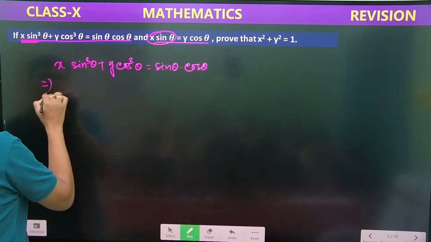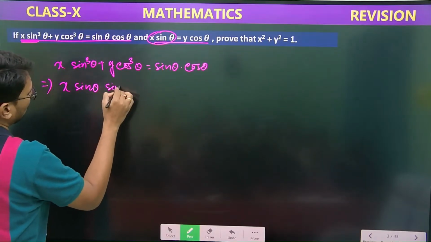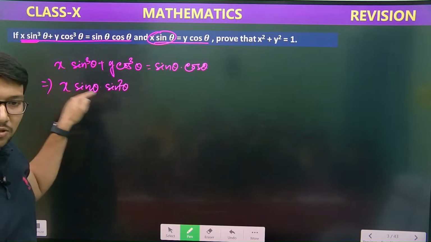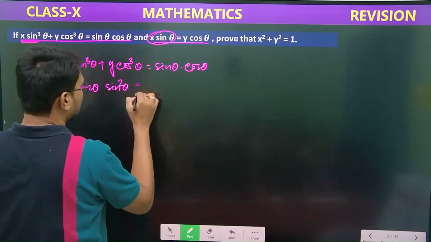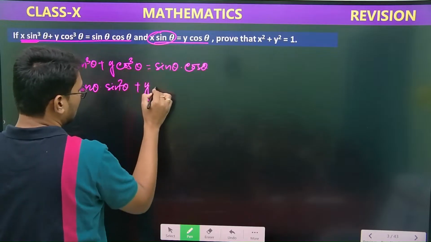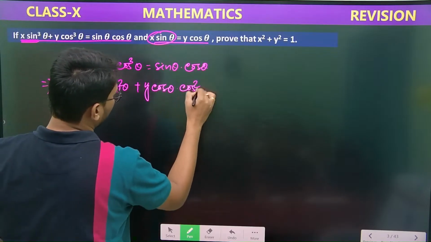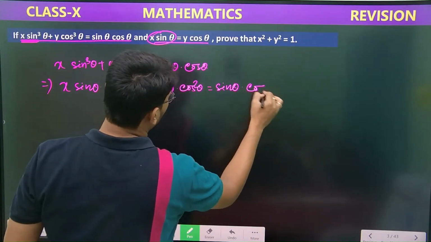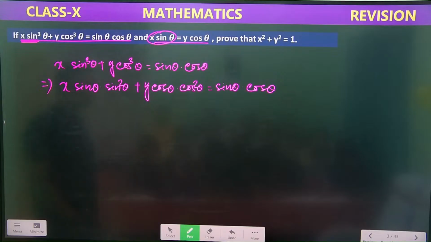Is it possible to write x sin theta into sin square theta, plus y into cos theta into cos square theta, equals sin theta into cos theta? Got it, everyone?